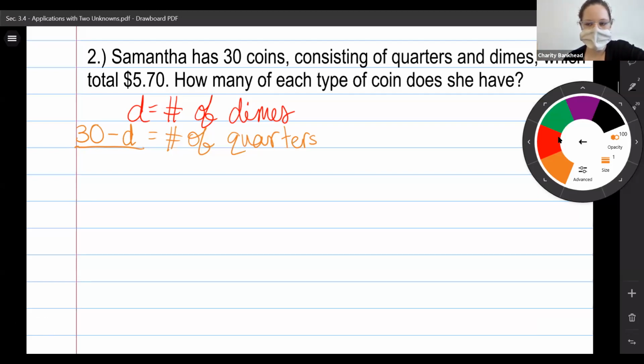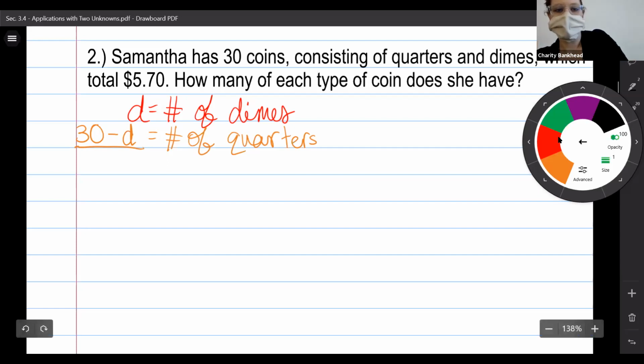All right, so then we can use the actual amount of money. We know that dimes are worth 10 cents each. So I'm just going to write 0.10 times D, which is the number of dimes.